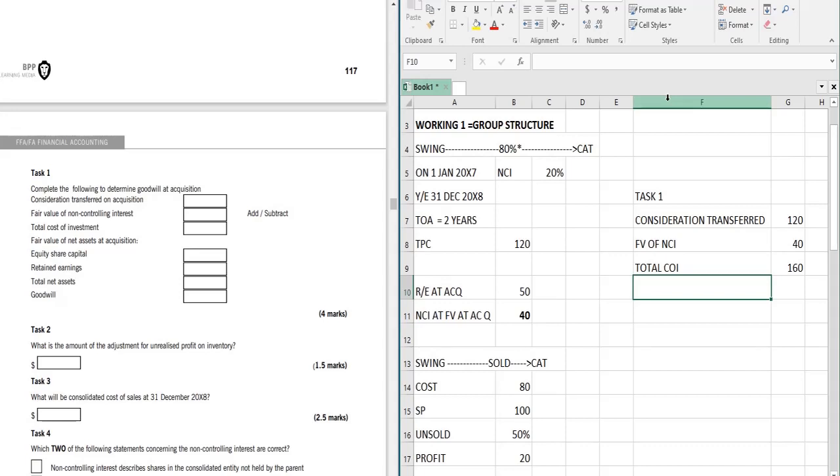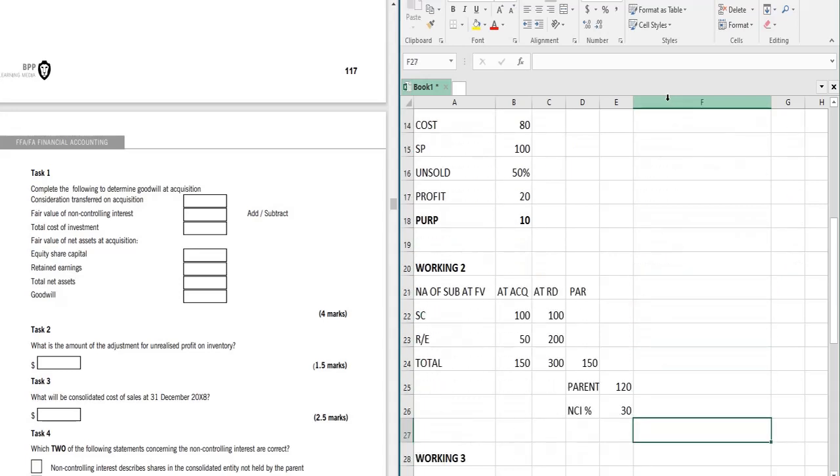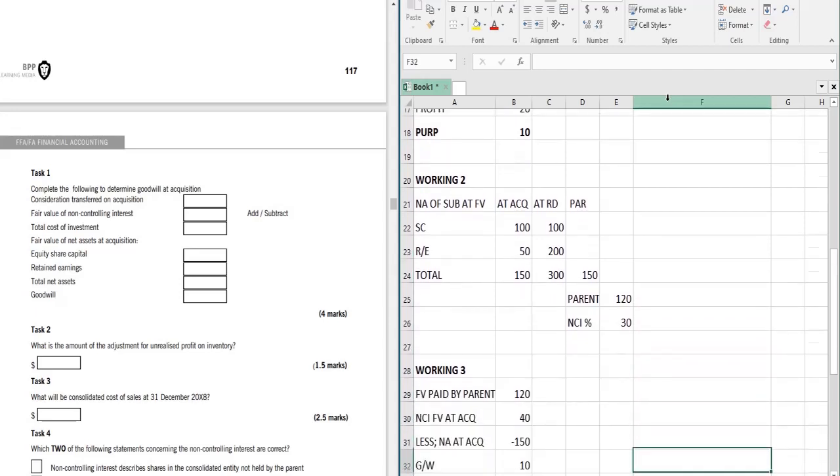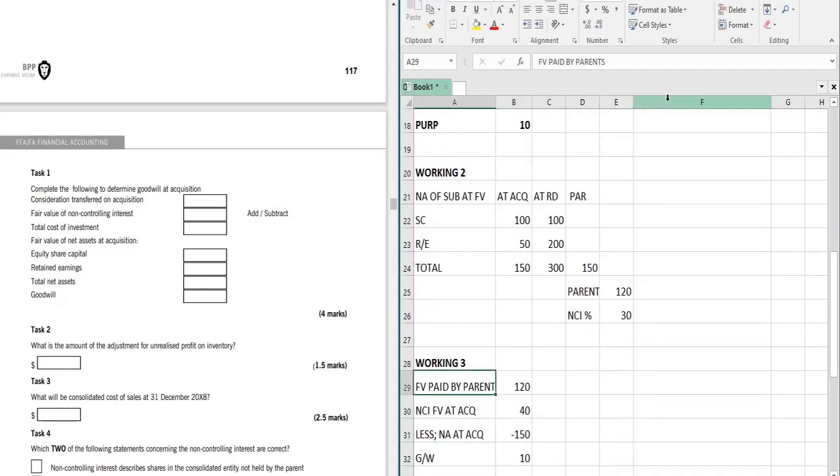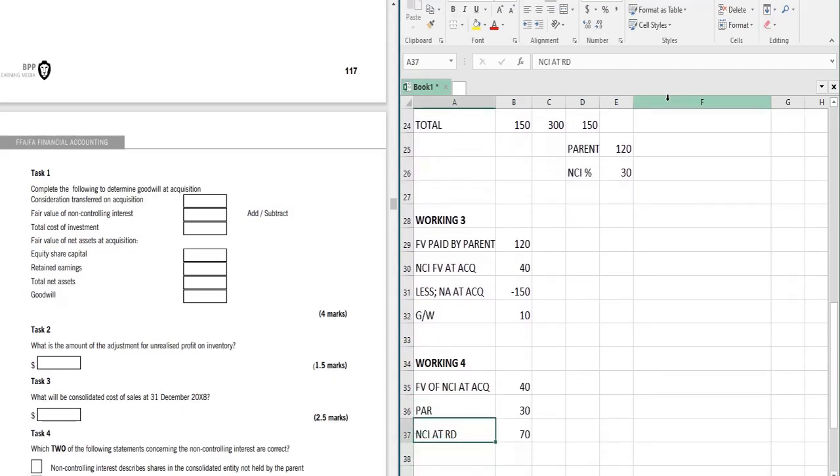Then fair value of net assets at acquisition. So it's simply like a goodwill calculation. I think it's also told in the question to determine the goodwill at acquisition. So here we have the consideration transferred on acquisition, and NCI at fair value, which is the fair value of non-controlling interest, and total cost of investment.